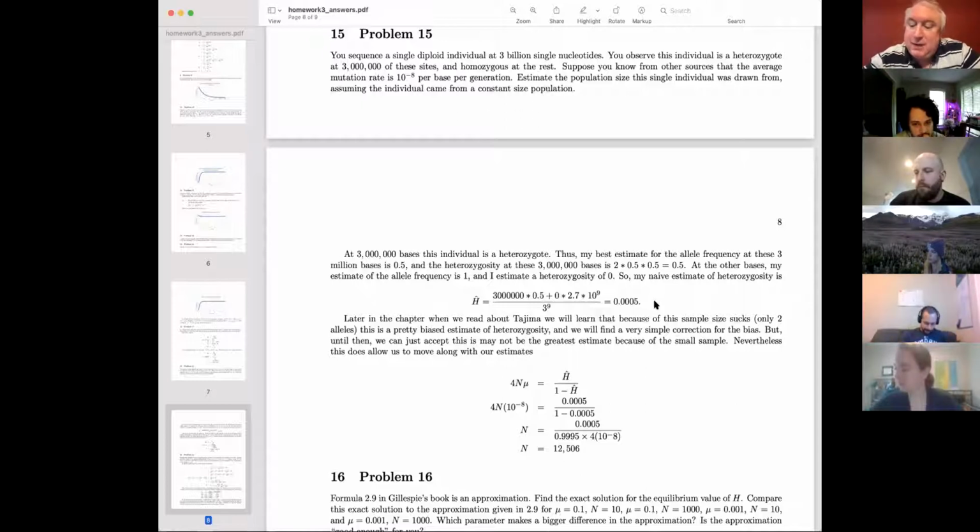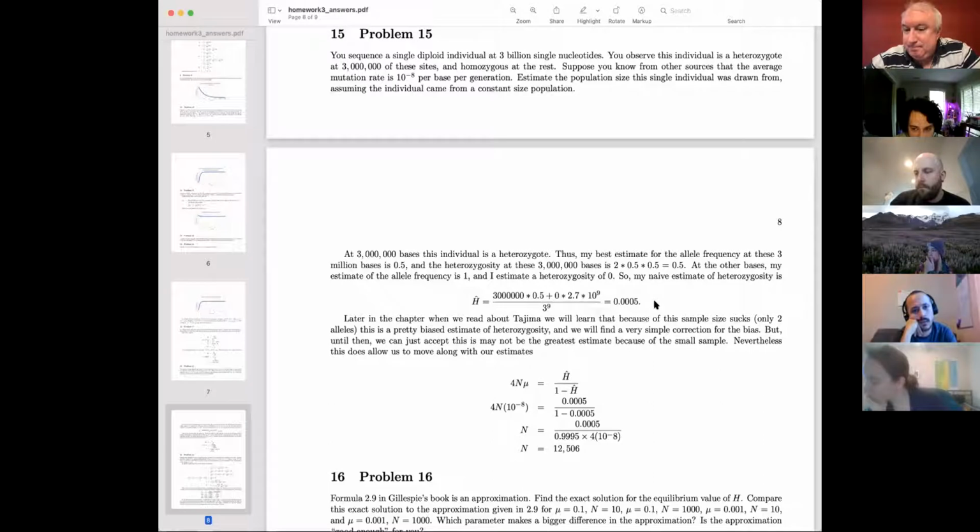In my sample of size 2, which is a pretty lousy sample, half the alleles are A1. So I estimate its frequency to be a half. Pretty ugly estimator. Not a very good one, but it is what it is.